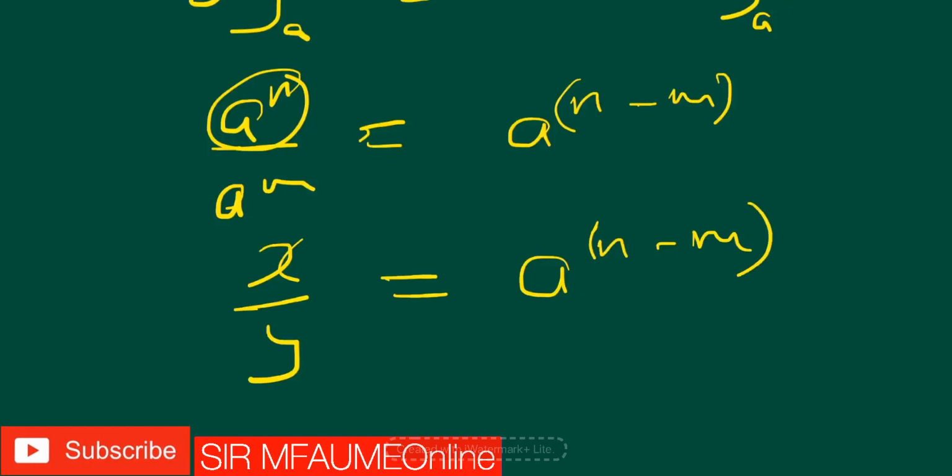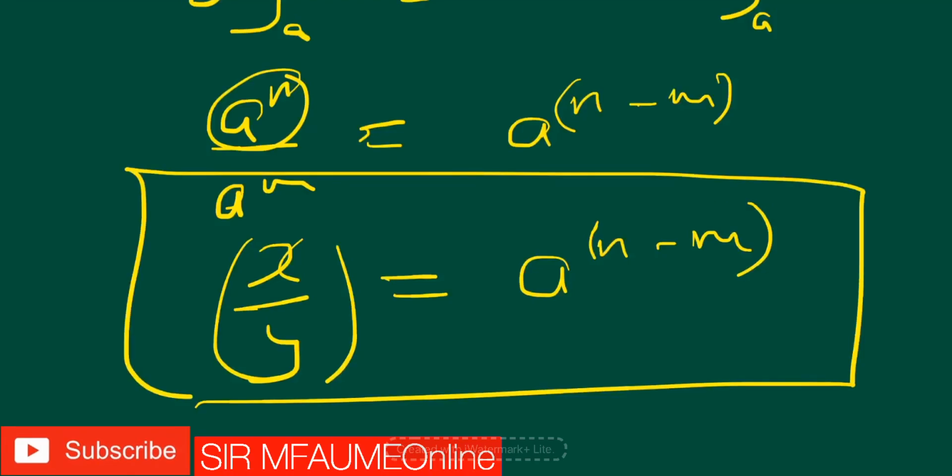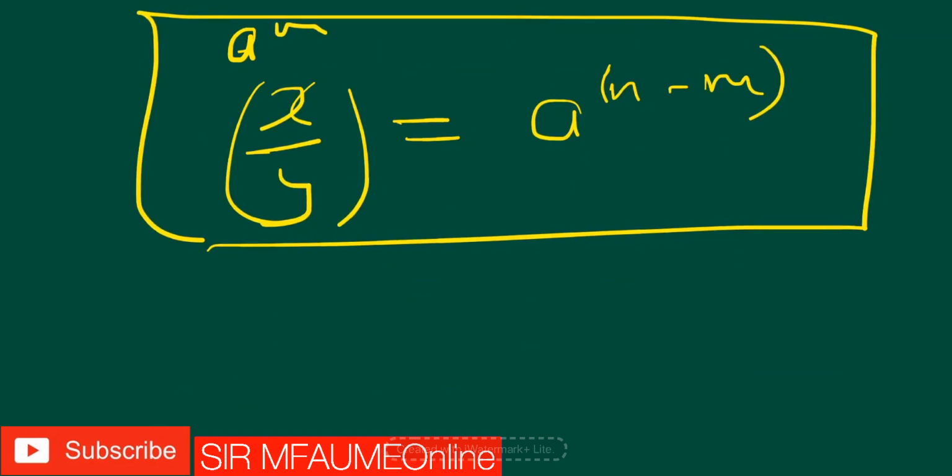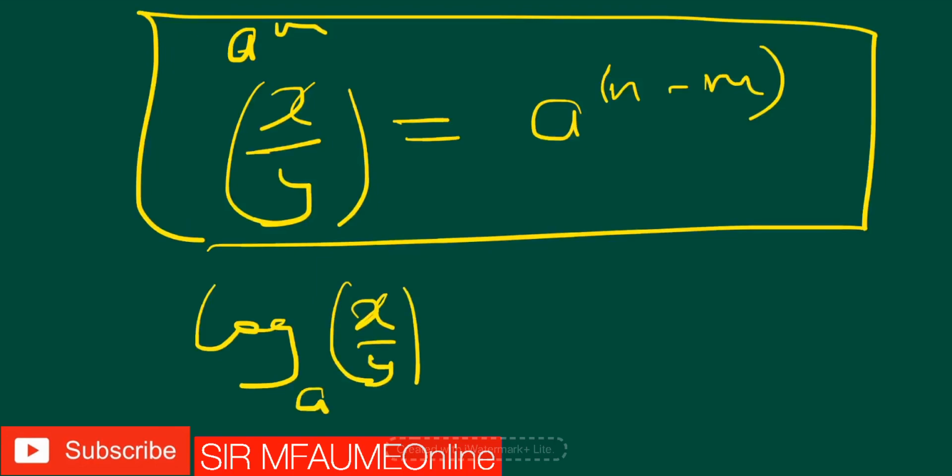So what next? Remember, this is the exponential form, so convert it into logarithmic form. You will find that log of x over y, with base a, will be equal to n minus m.